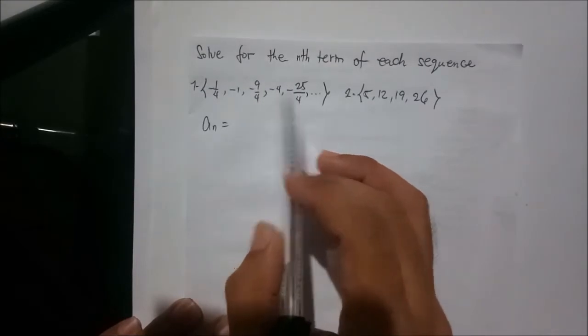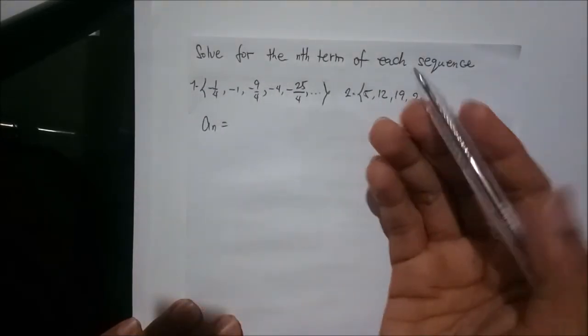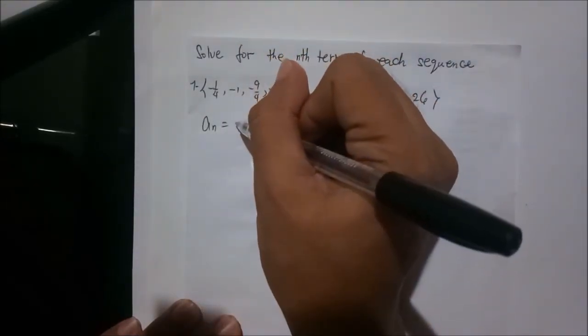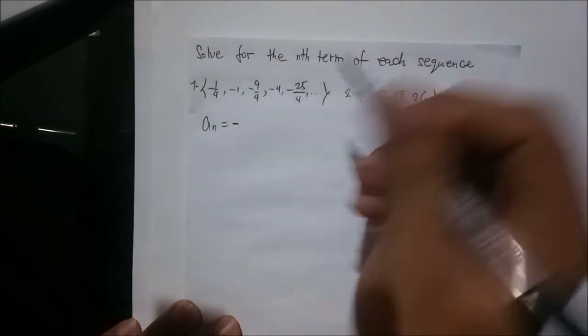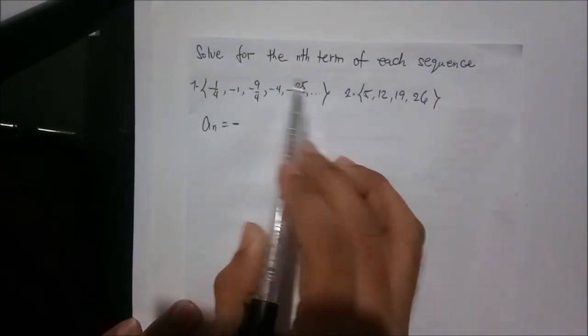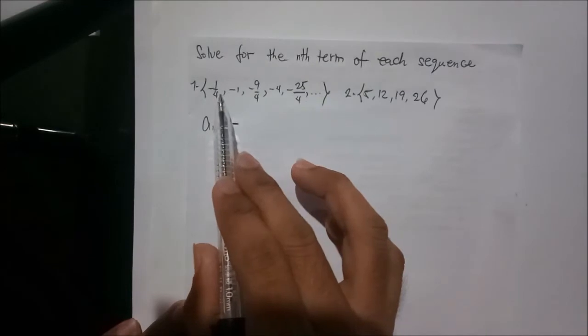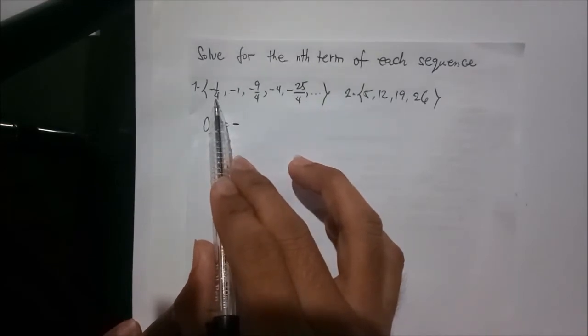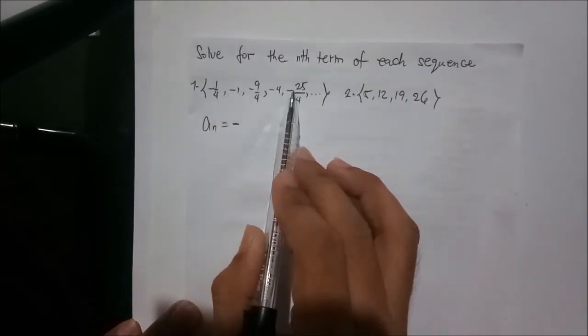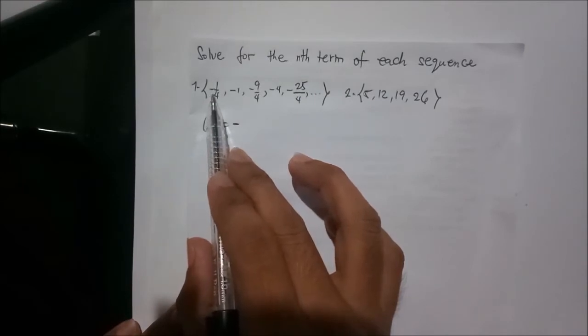The numbers are negative. So your nth term has a negative, since all the numbers from the first term to the fifth term are negative.